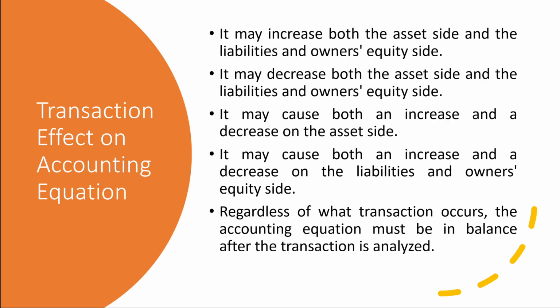The third statement is that a transaction may cause both an increase and a decrease on one side, which is the asset side. This is when we take the money that we have in our bank account and go and buy an asset. So the money that was sitting within our business account will do what? Go down.